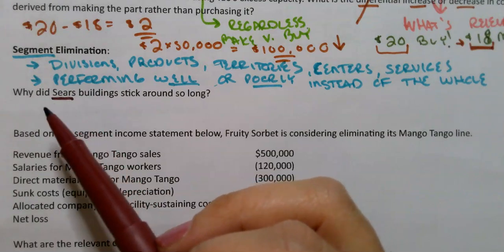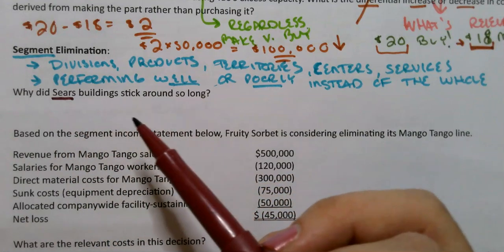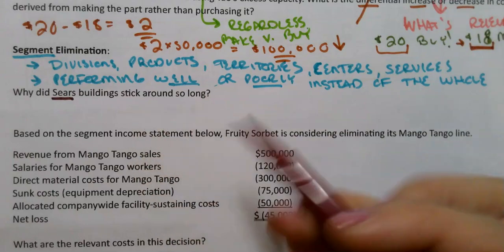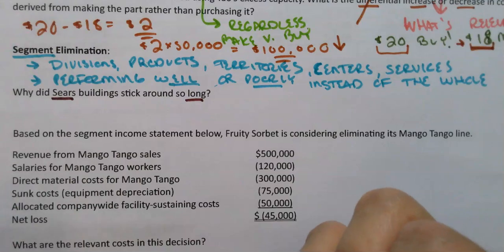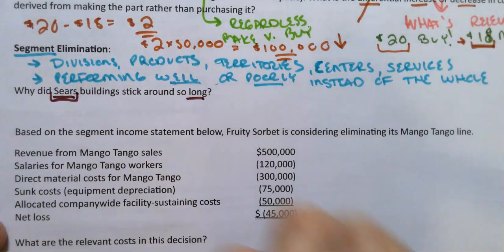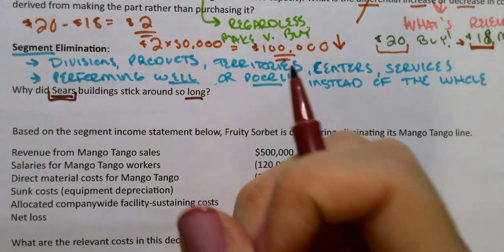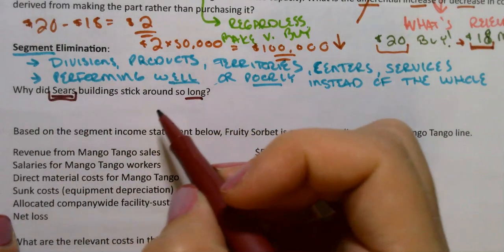And the question I have for you is, why did Sears, along with other retailers like Blockbuster, stick around for so long? Why did they stay open even though the business as a whole was not performing well? They stayed in a loss for several years before they completely closed. So why did they stick around for so long?